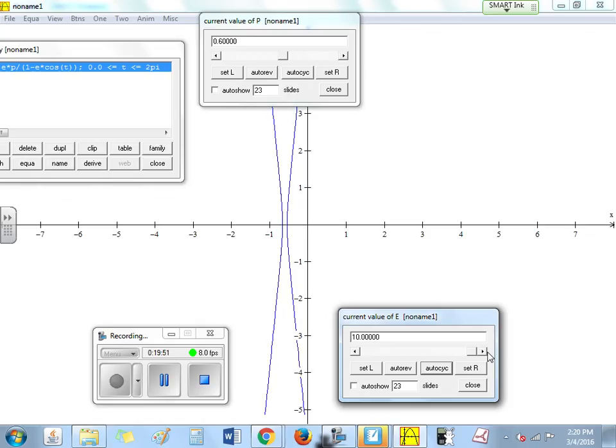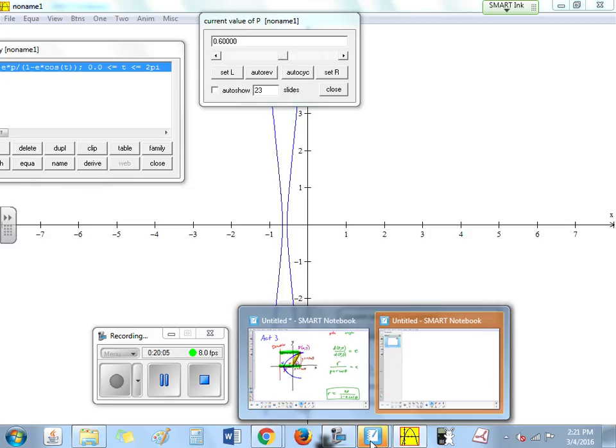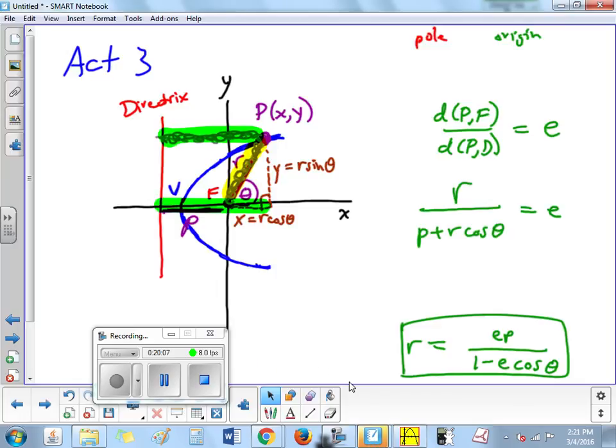Okay, so you can think of E as sort of the conic determination factor. You know, if E is less than 1, it's an ellipse. If E is greater than 1, it's a hyperbola. If E is exactly 1, we get the parabola. That's just kind of visual confirmation of what I said back in Act 2. Okay, but see, those are the only two parameters, right?